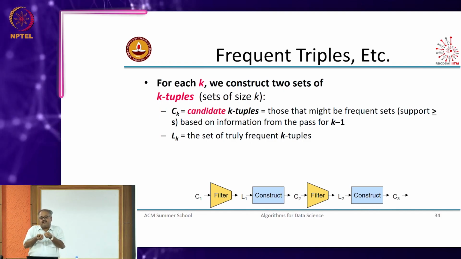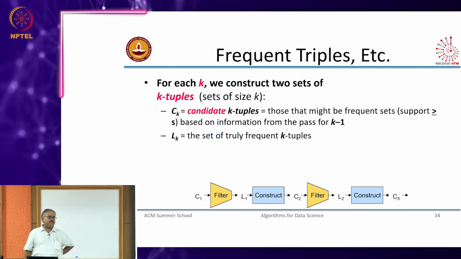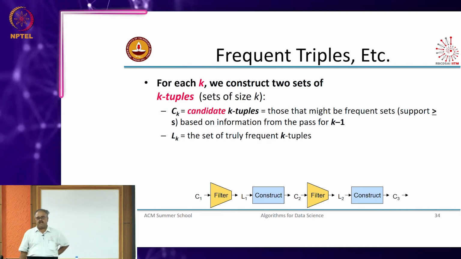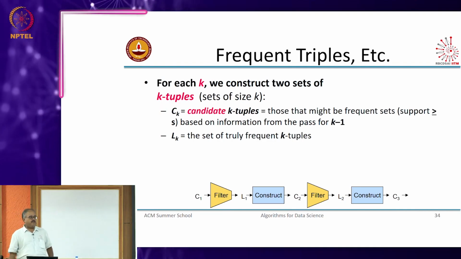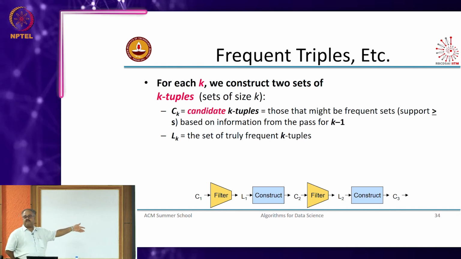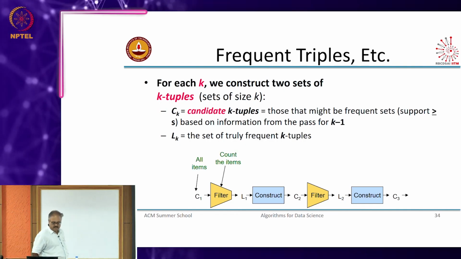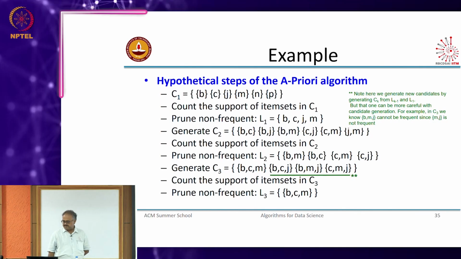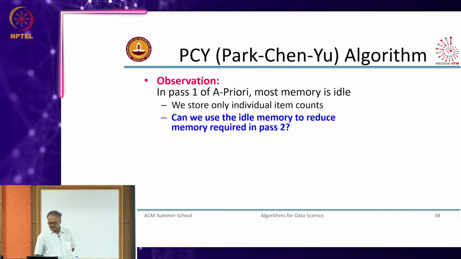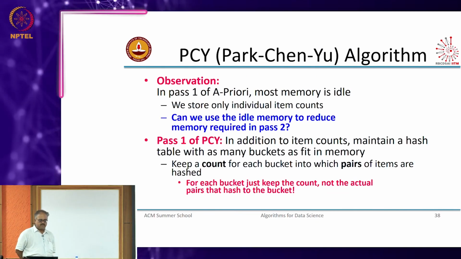It is quite likely that two items that are frequent individually, when taken together, are not frequent. In fact, a good fraction of those candidate pairs are not going to be frequent. So, is there a way to identify this in the beginning itself, while we are doing pass 1? That is basically what is being done in the PCY algorithm. Can we reduce the memory required in pass 2?